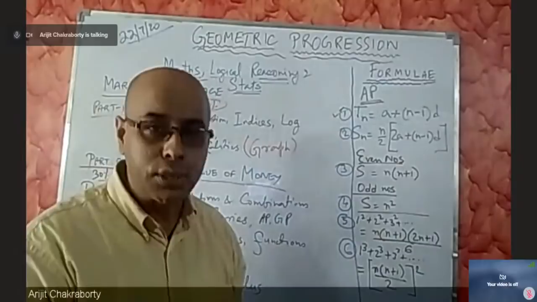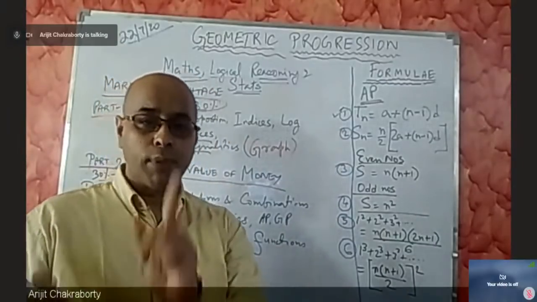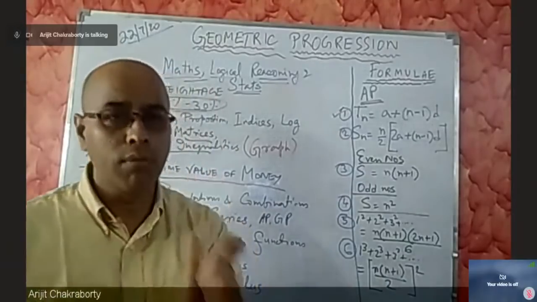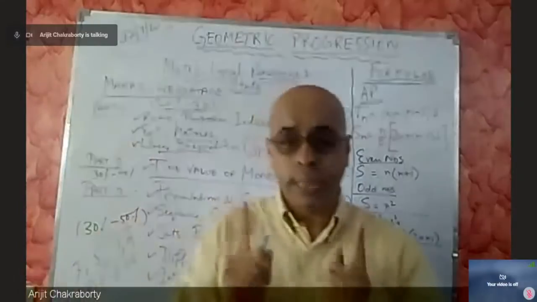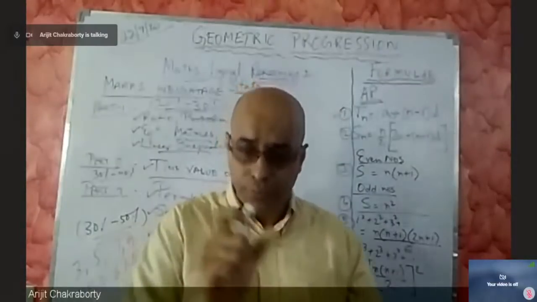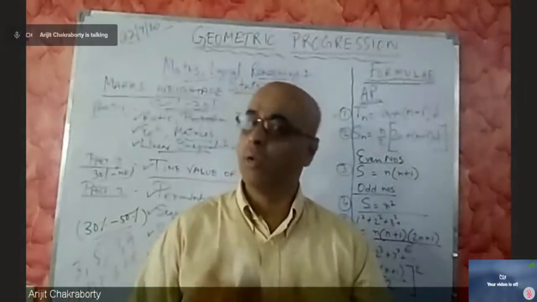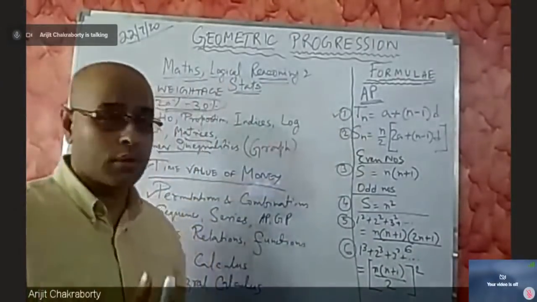T3 minus T2, T10 minus T9. So a particular term minus the preceding term gives you the common difference. And in case of arithmetic progression, these differences will be constant, will be equal, will be the same. So these two are very, very important formulas.